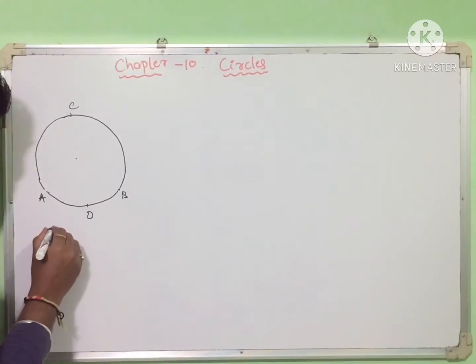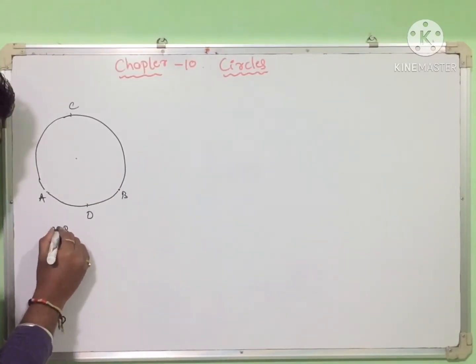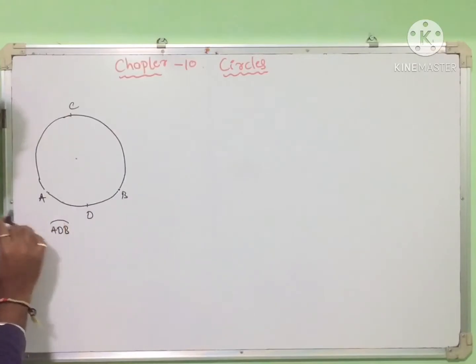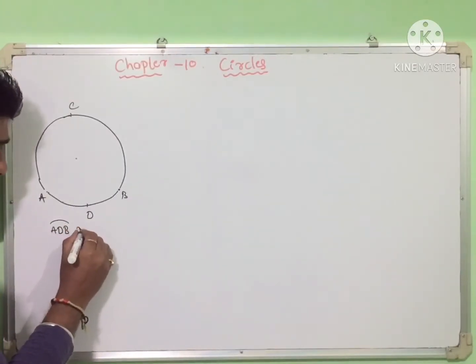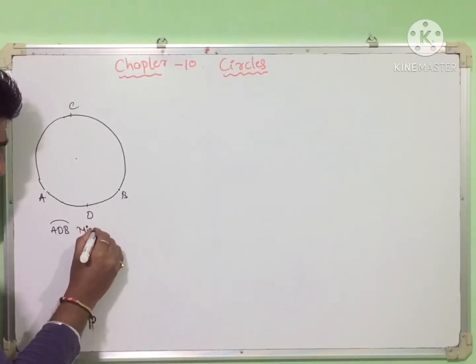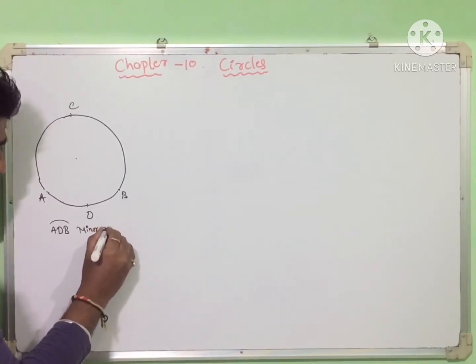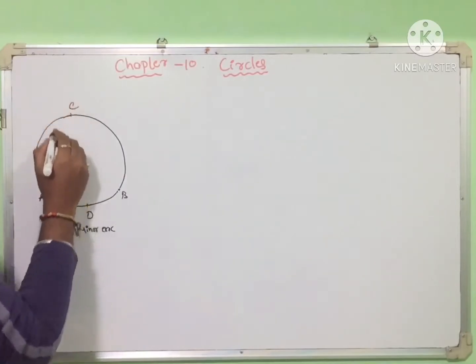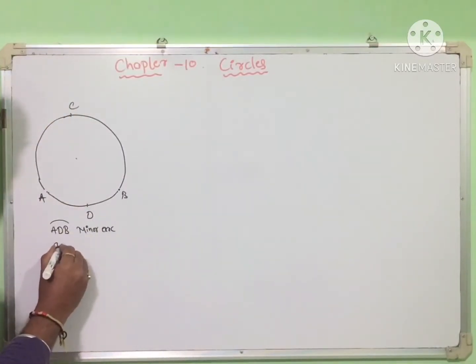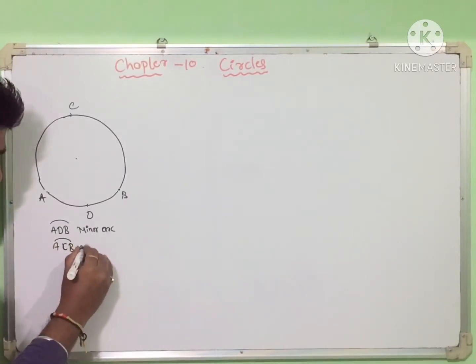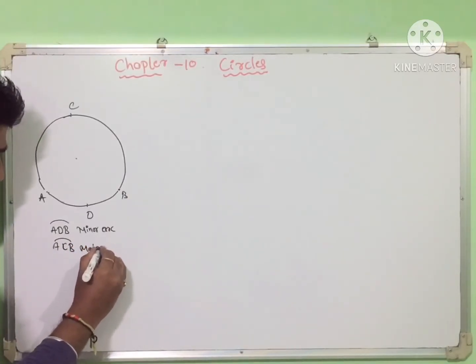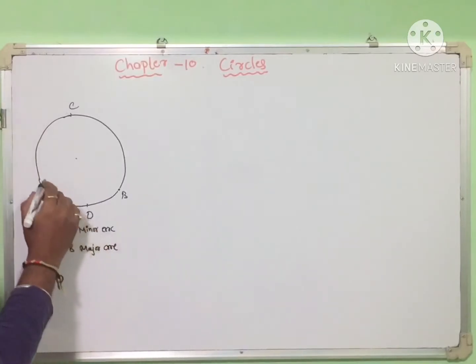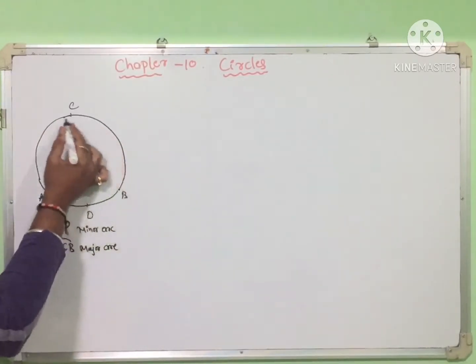So here ADB, this is the arc symbol, ADB is a minor arc. Is it clear? And here ACB is the major arc. So which one is the larger one?